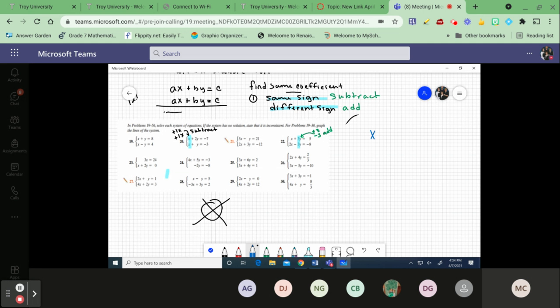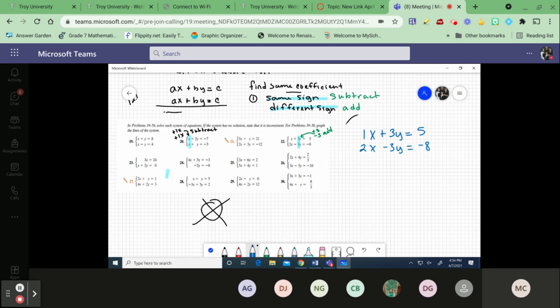I'm going to look at problem 22. I have x plus 3y is 5 and 2x minus 3y is negative 8. My x's have different coefficients, so I'm not going after them right now, but my y's have the same. My y's have that 3, right? So I'm going to go after the y's.